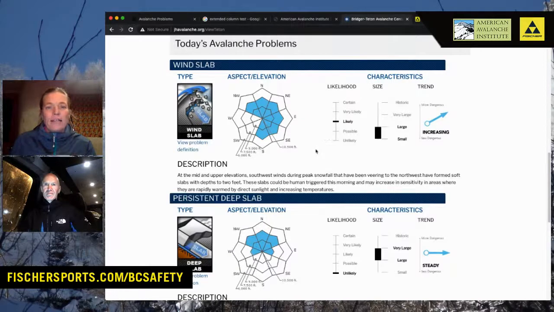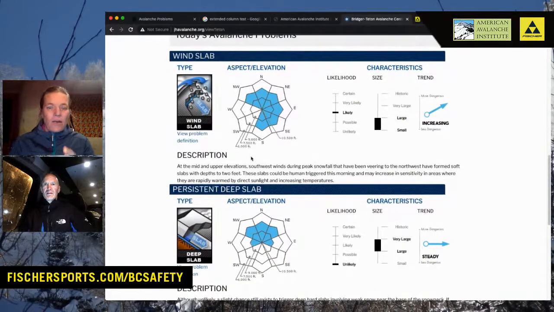And so what the forecasters in this case are saying is they suspect wind slab problems on mid and upper elevations from northwest all the way through south aspects, but not so much on those southwest and west aspects, likely because that's where our wind comes from. And then if you keep moving across, you see the formula of their likelihood of triggering an avalanche. They say it's likely, right in the middle.